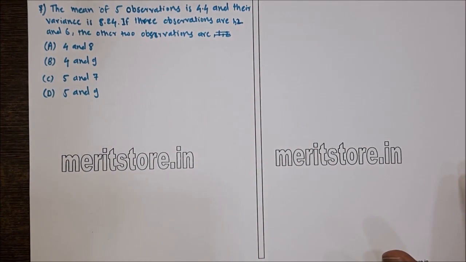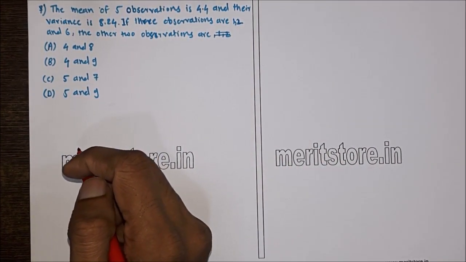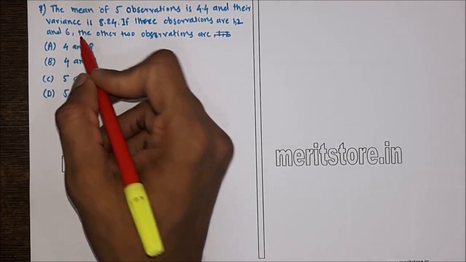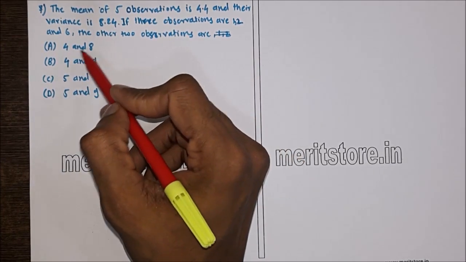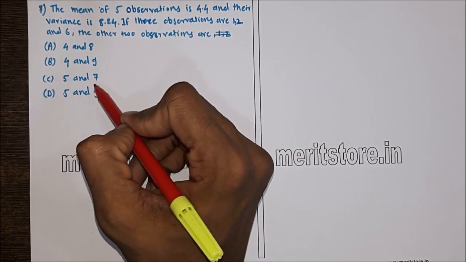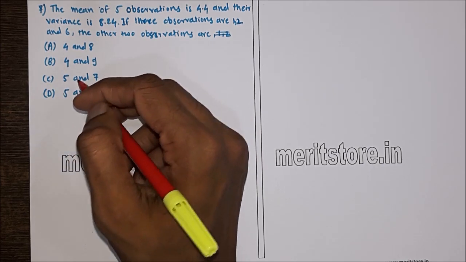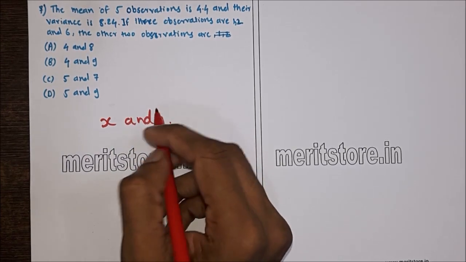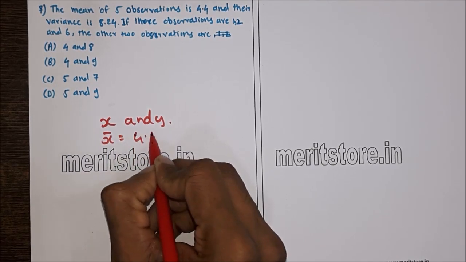Question 7. The mean of 5 observations is 4.4 and the variance is 8.24. If 3 observations are 1, 2, and 6, the other 2 observations are, we have 4 options: A 4 and 8, B 4 and 9, C 5 and 7, and D 5 and 9. So let the two unknown items be X and Y. Then we have mean, that is x bar, equal to 4.4.